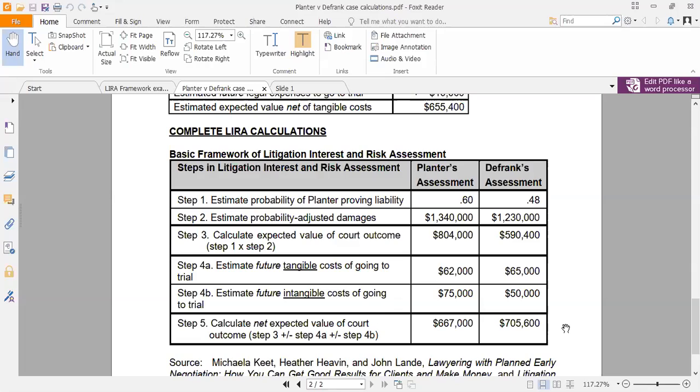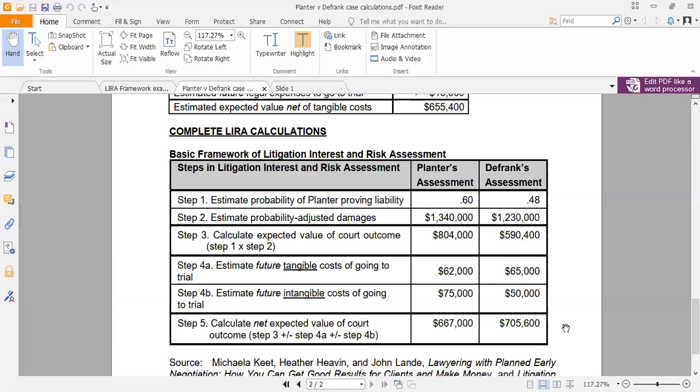And so if there's a real difference between one's gut estimate and the calculations that one makes using this framework, then it should prompt the lawyer to think about where their assumptions may be wrong, either in terms of any of the figures plugged into these calculations, or perhaps their gut estimate.